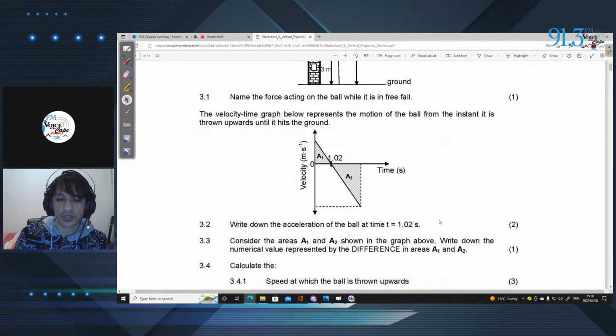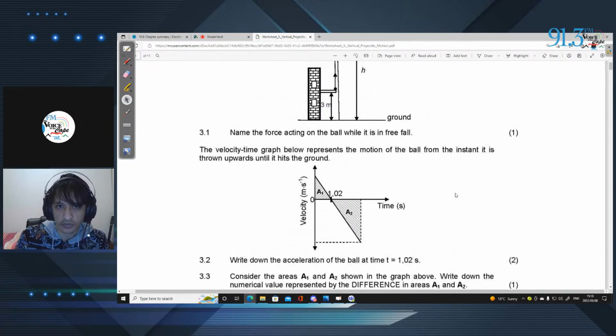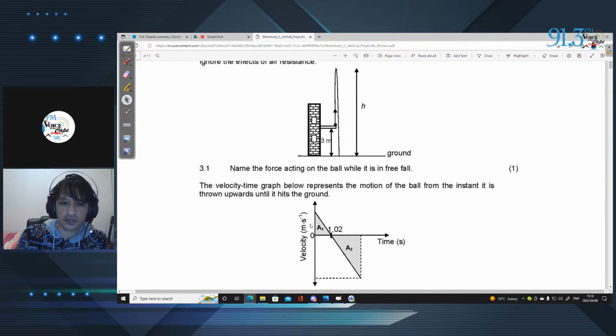Okay. So the first thing we do before we even approach this question, let's first analyze what the graph is telling us, and let's compare it to the picture. Now, if we look at the graph, it's showing here that our initial velocity at time 0 is some maximum value over here. It's a positive value. And what is that telling us?